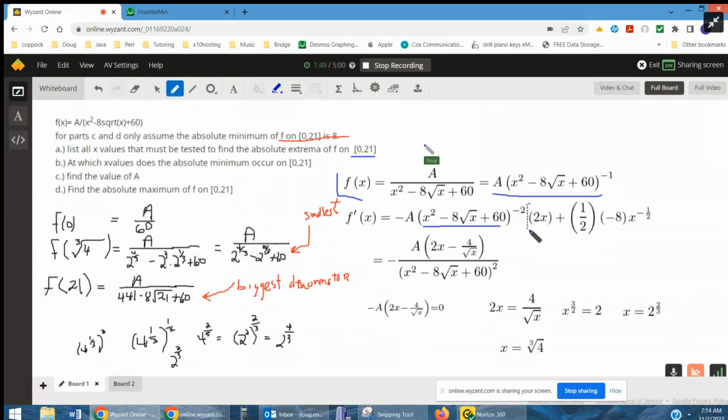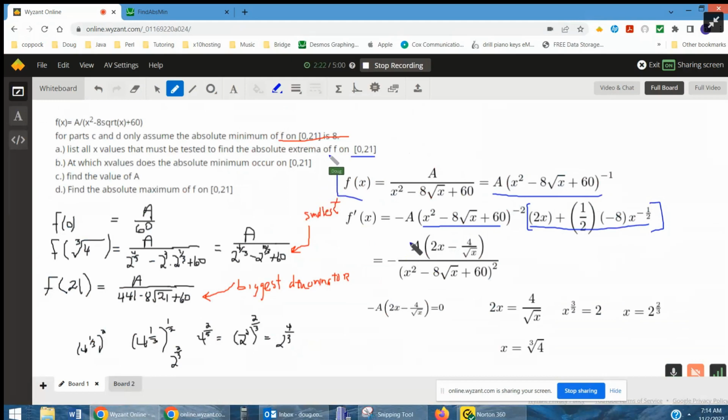I meant to put brackets here. So the derivative of the inside is 2x. Think of this as x to the 1/2, so 1/2 times negative 8 times x to the minus 1/2. And the derivative of the 60 is 0. And so this part right here can be written as 2x minus 4 over the square root of x. And I have the minus sitting out front.